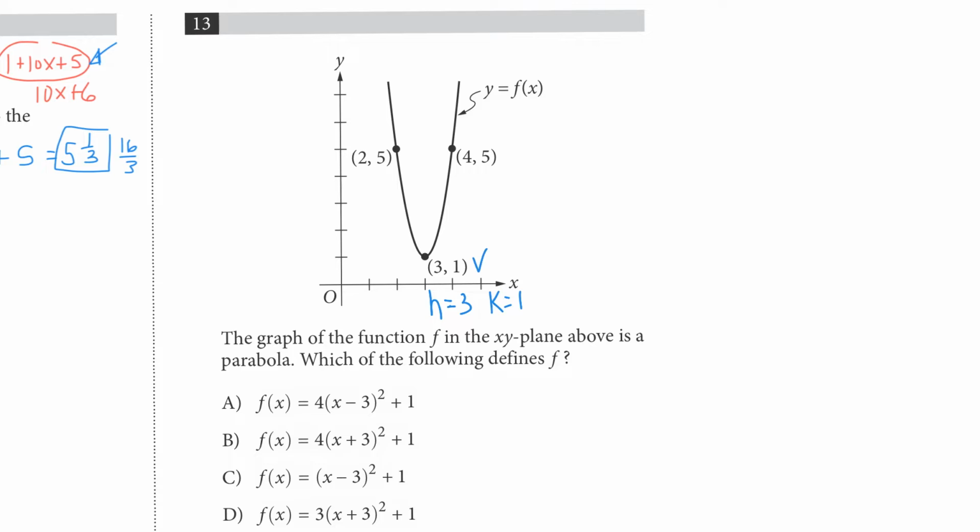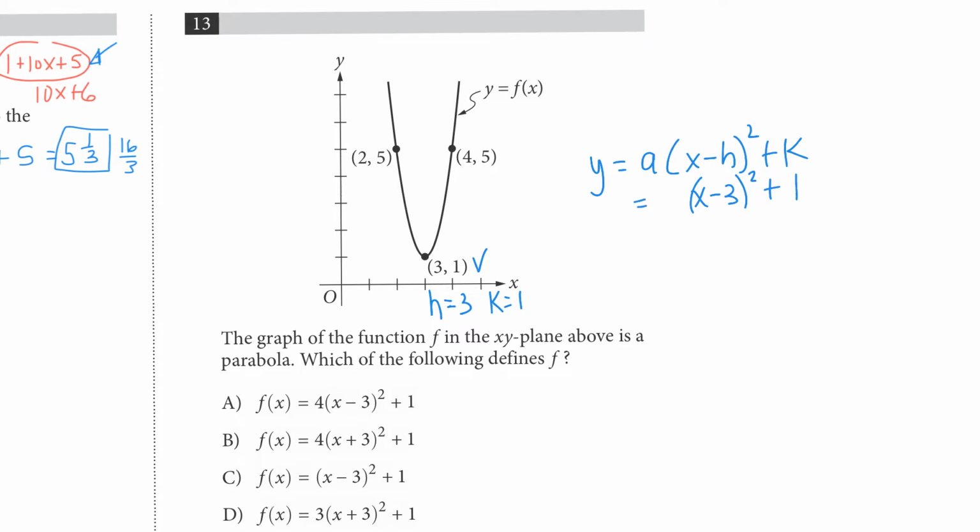And so the answers are in vertex form, so you're going to have y is equal to a times x minus h squared plus k. So we already know h is 3, so we're going to have x minus 3 squared. And we already know that k is 1.